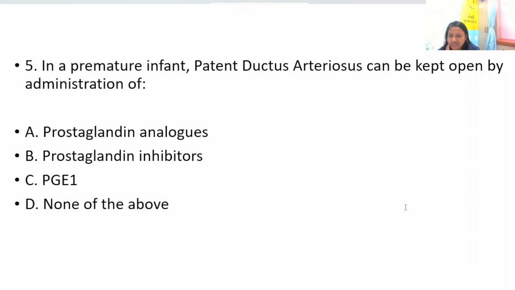So if the infant's heart disease is such that keeping the ductus arteriosus open will help in ventilating the child and will help in treating the child until surgery, we'll have to keep it open using PGE1. What is the generic name of PGE1? That is alprostadil, right?